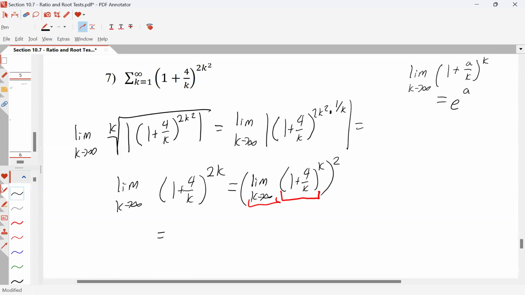Matching that form, what's inside the parentheses underlined in red is e to the 4th. And then we have all of that squared. So this is e to the 8th.